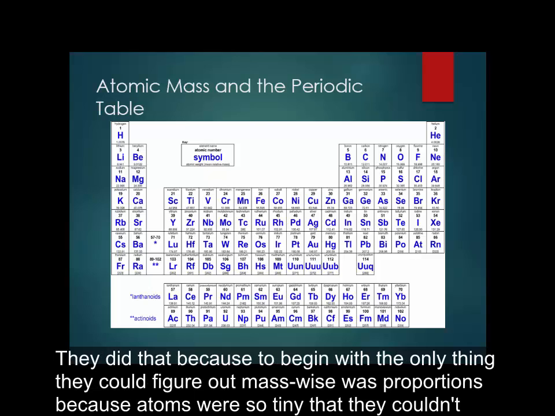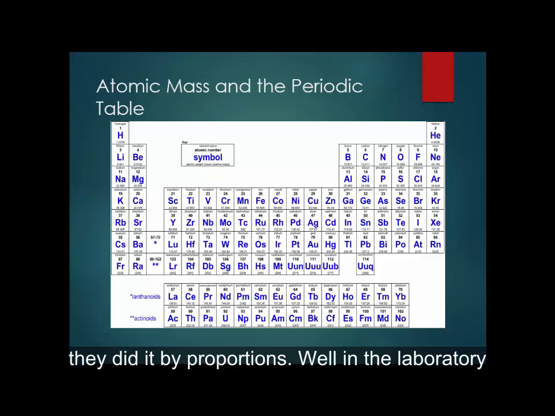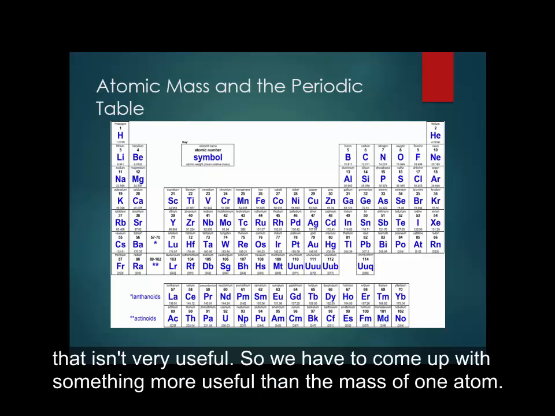They did that because, to begin with, the only thing they could figure out mass-wise was proportions, because atoms were so tiny that they couldn't figure out individually what was going on for each element. Well, in the laboratory, that isn't very useful, so we have to come up with something more useful than the mass of one atom.